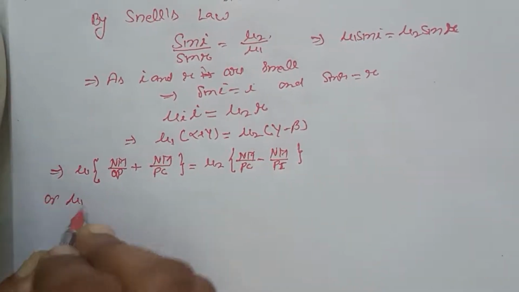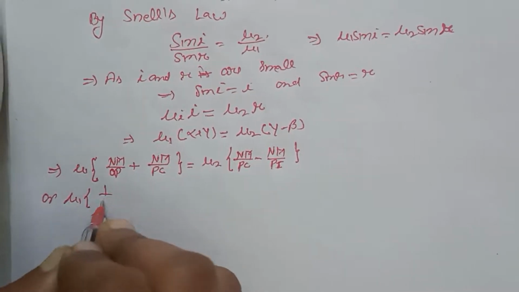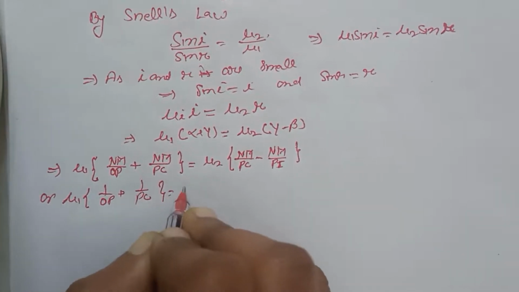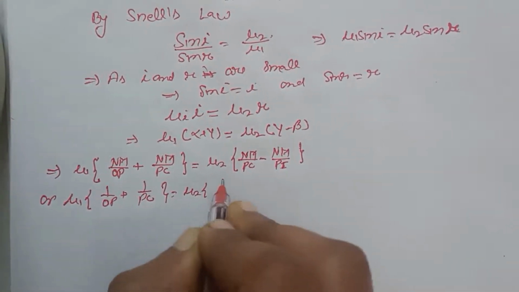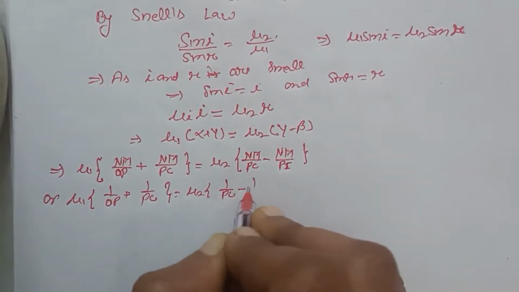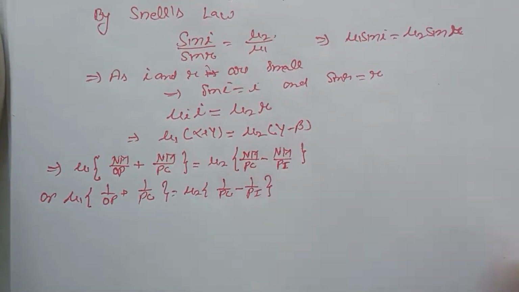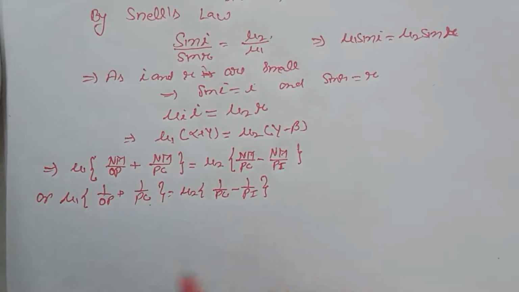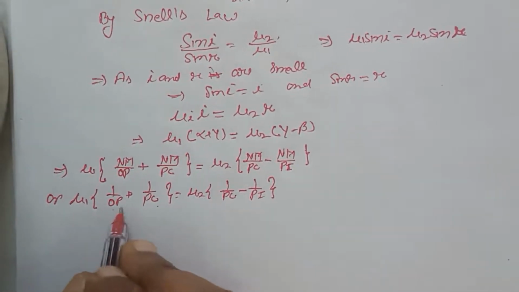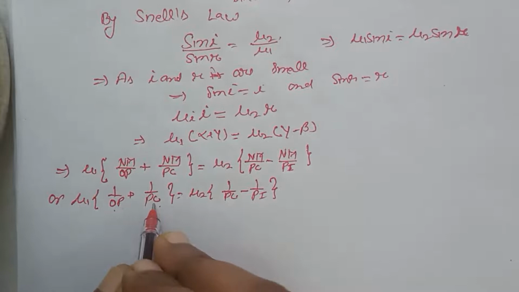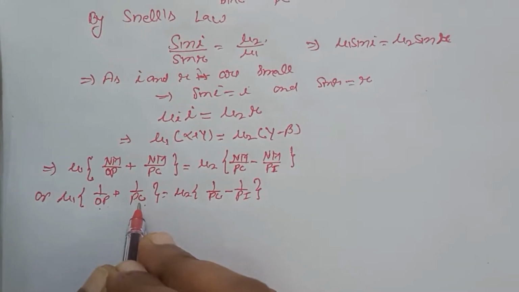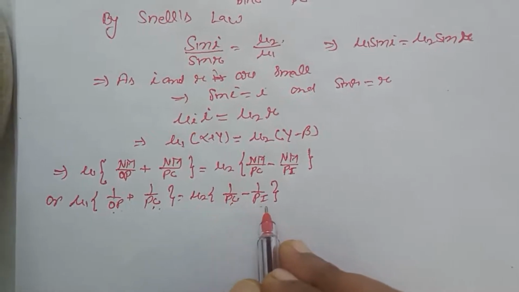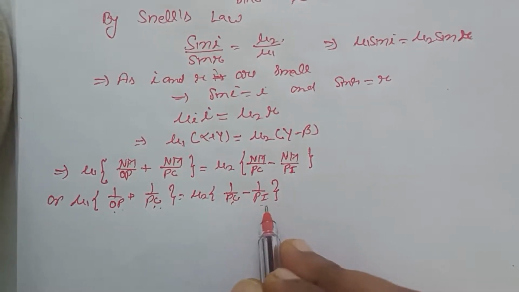This can be written as mu1 times 1 divided by OP plus 1 divided by PC equals mu2 times 1 divided by PC minus 1 divided by PI. Substitute the values of OP, PC and PI. From the figure, OP equals object distance, PC equals radius of curvature R, PI equals image distance.